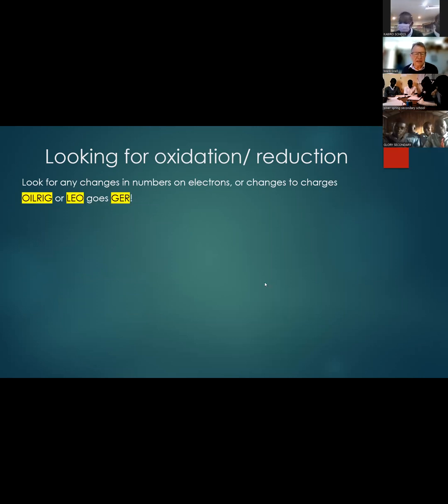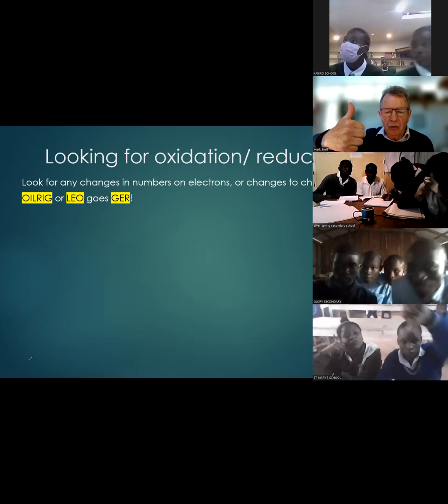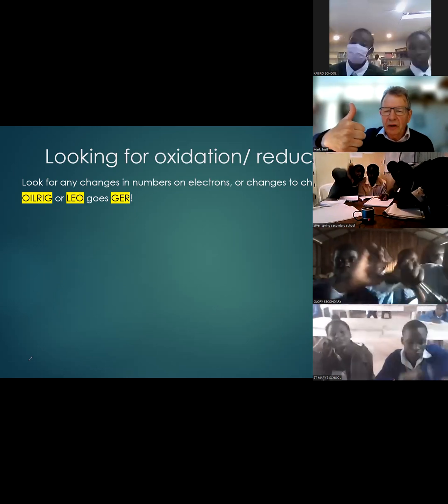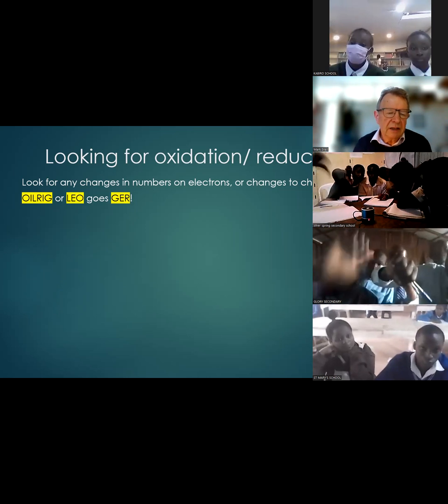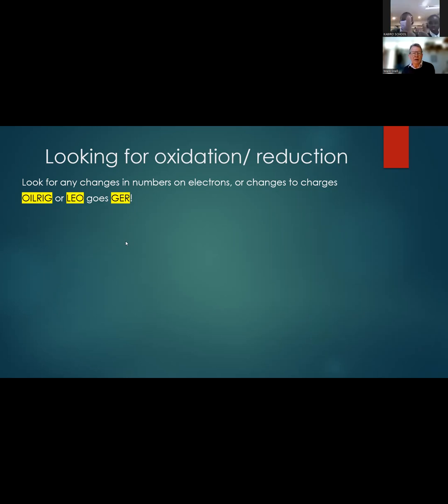The last way is looking at electrons and charges. And it goes like this. I'm sure you have come across oil rig. Let me just ask, have you come across oil rig? Have we got, do we know oil rig, Silver Spring, Glory, St. Mary's? No. Kabiro, have we come across oil rig? No. Okay. I'll explain it. So there are 2 different ways of remembering this in terms of electrons.